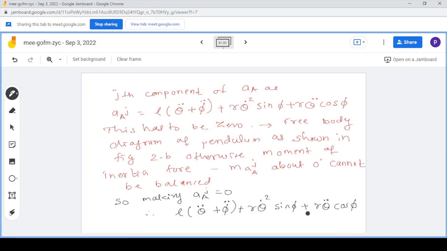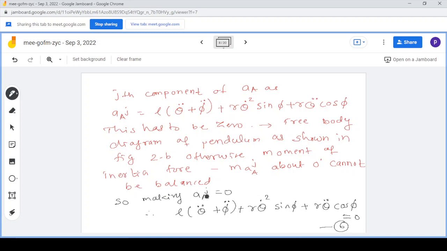Okay, and this will be equal to 0. Let us call this expression 6. So this we have done, equated to 0.